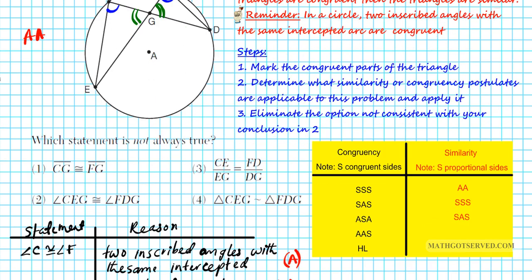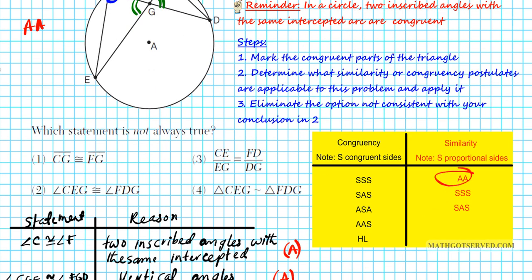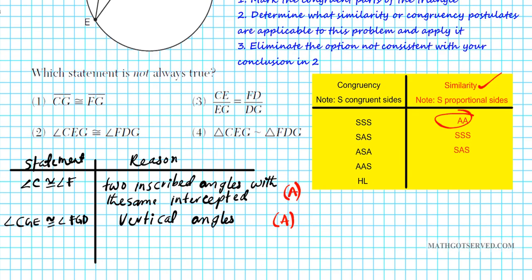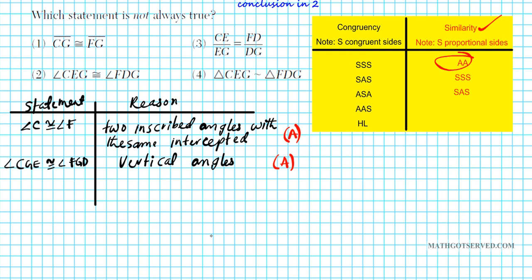Just simply look for AA. There you go, right there, similarity. So based on the AA similarity postulate, we can conclude that triangle CEG is similar to triangle FGD. Okay, so triangle CEG is similar to triangle FDG.